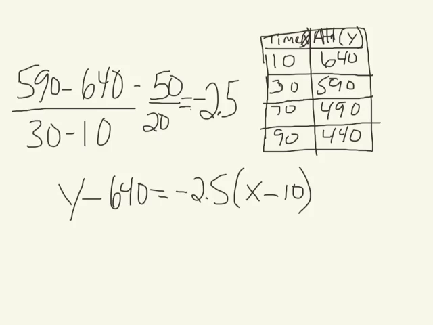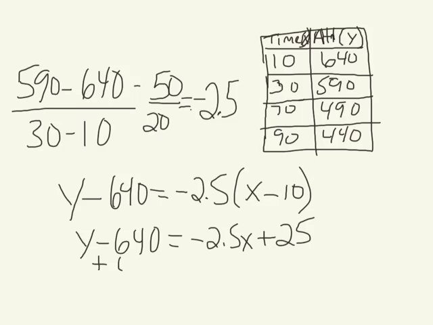Now we can even take it one step further and put it into the slope y-intercept form. To do that, we would need to use the distributive property. So we'd have y minus 640 equals negative 2.5 times x, which is negative 2.5x, plus 25.